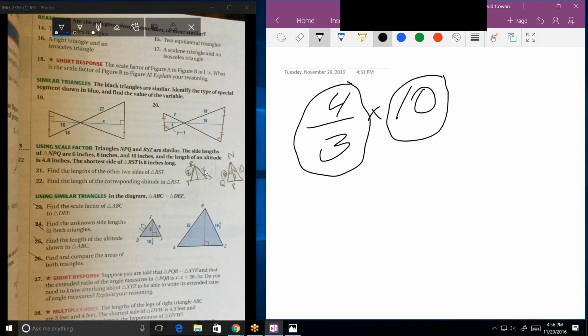Well, again, ratios are preferable to both proper fractions and decimals. My favorite answer here is 40 divided by 3. It's not 13 and a third, it's not 13.3333, because the ratio is precise.